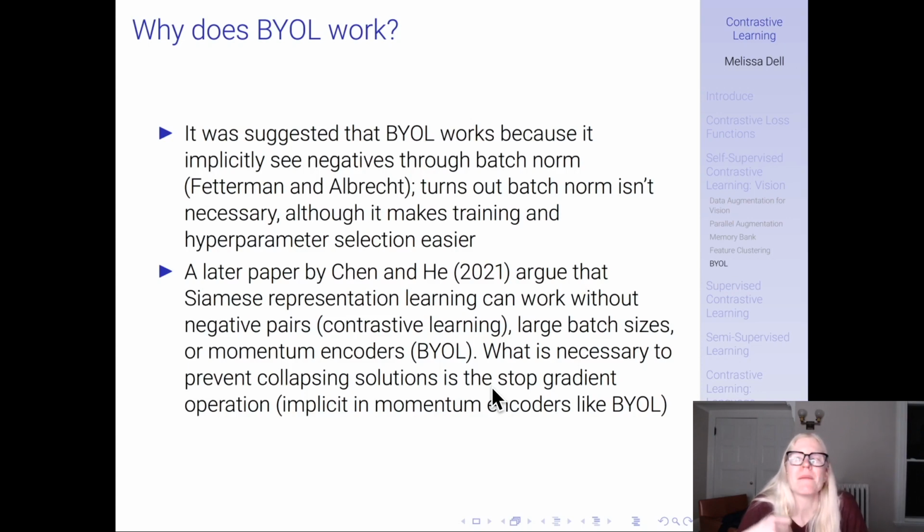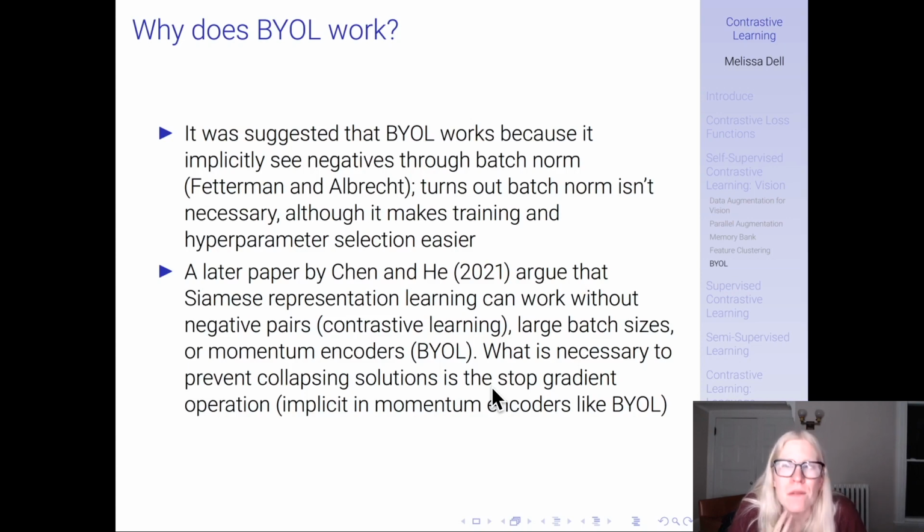And by collapsing solutions, I mean what we talked about when we talked about DINO, how the model can learn just for every image that you put in it, it outputs a uniform vector, right? Or it outputs a vector that puts all the weight on a single value, and zero everything else. And so then that trivially minimizes the loss, but you just get the exact same representation no matter what you put in it. And so obviously that's useless. And so we want to avoid these collapsing solutions.